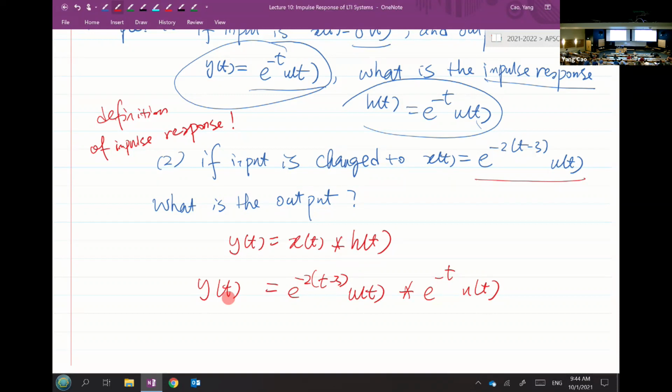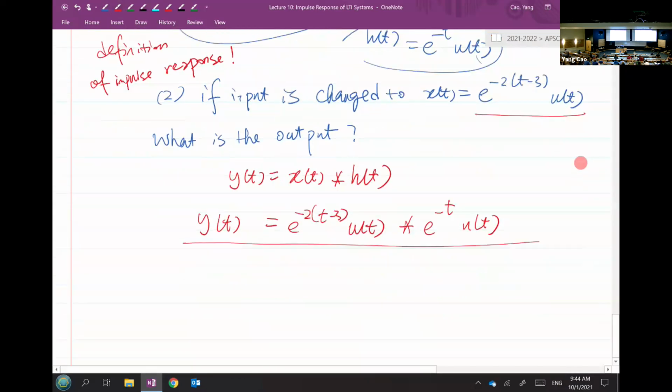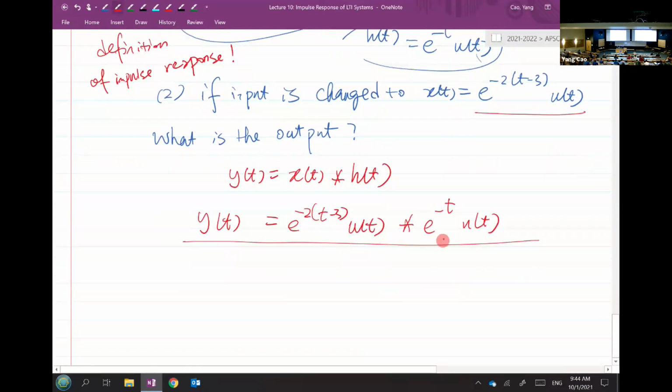So now the next question is, how do I calculate this convolution? Now back to the basics of previous lectures, to calculate the convolution using a graphical approach. But of course, in this question I didn't graph the two functions for you, so you're going to have to be able to graph them.